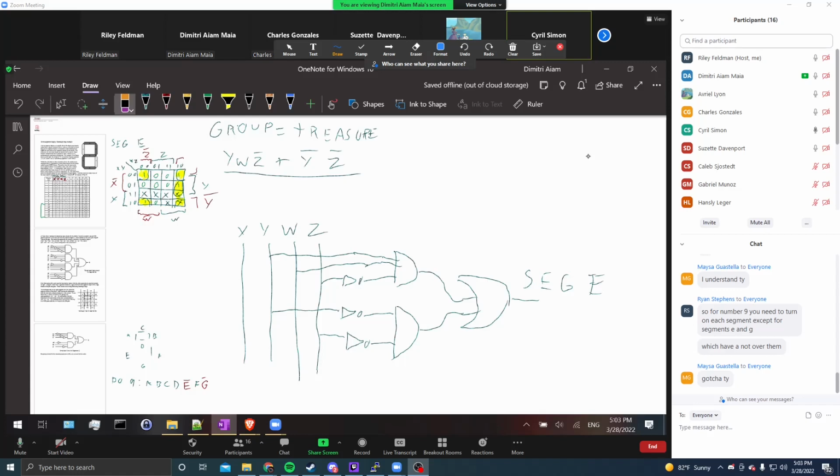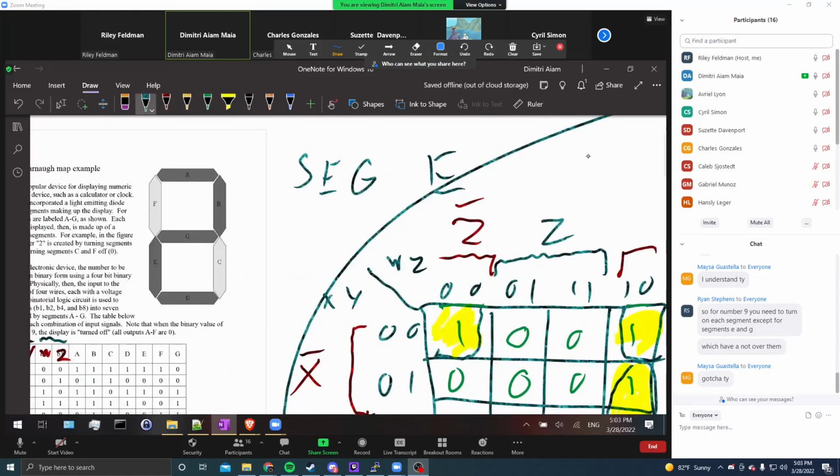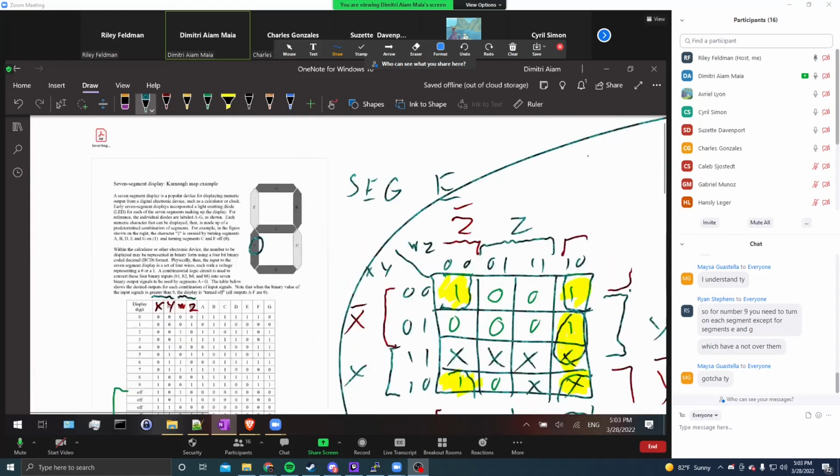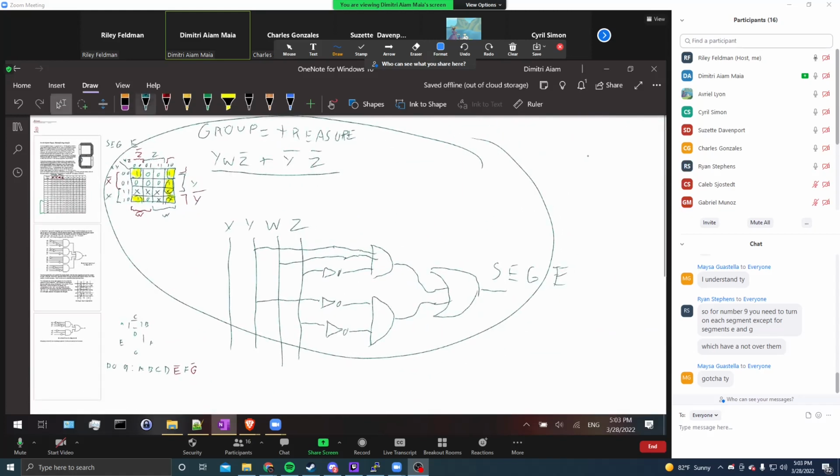So each segment is 1 K map and then 1 circuit. If you have an 8, that's all 7. You're gonna have to make 7 different K maps, 7 different circuits, and then plug them into your inputs. This entire process we did is just for that one segment.